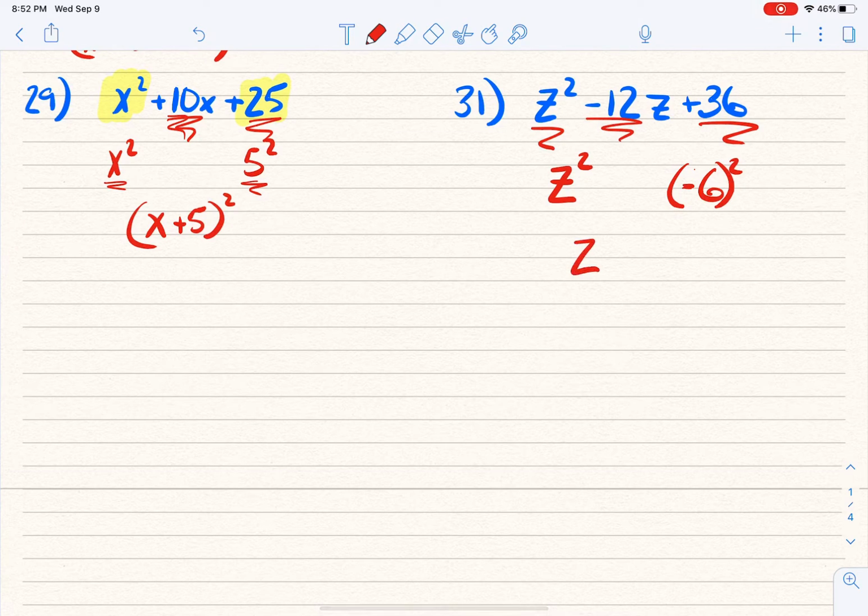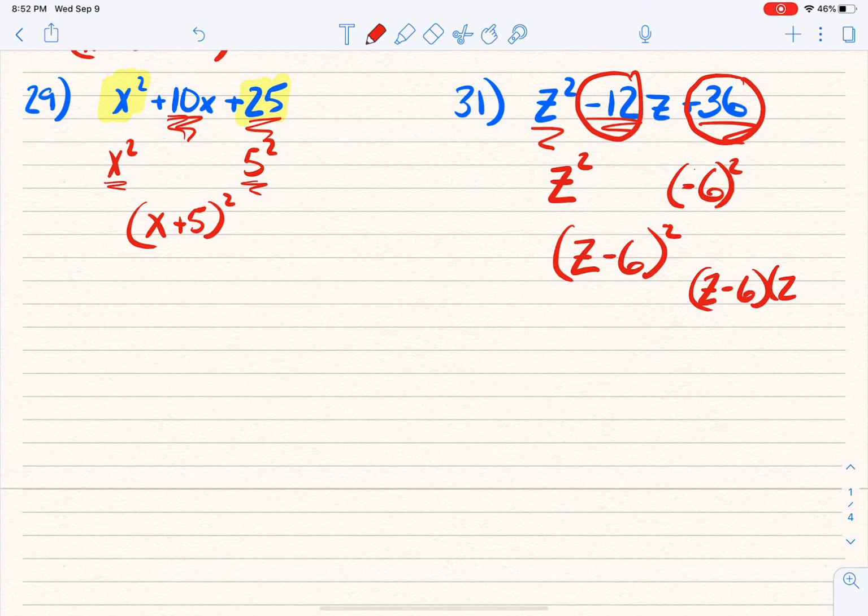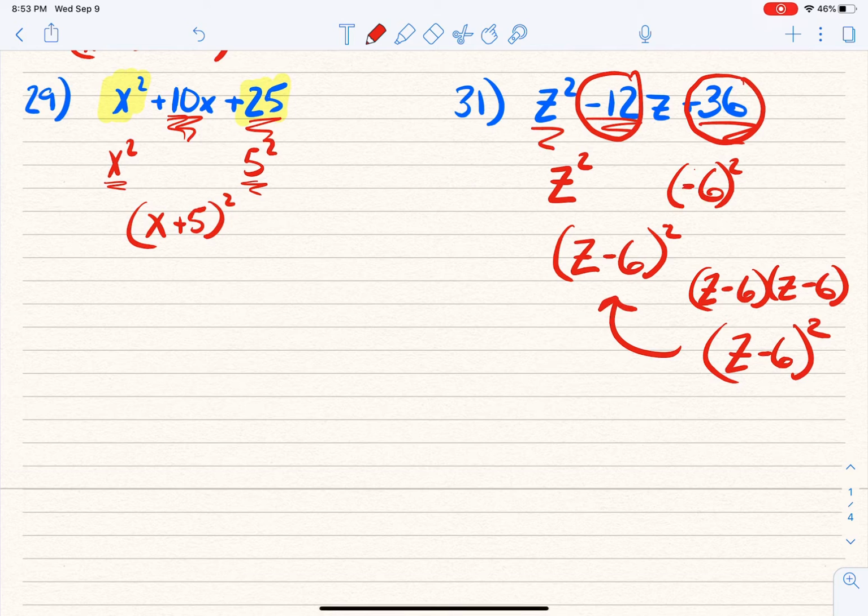So I could go, well, this must be z minus 6 squared. And even if you didn't do it that way, you go, well, what are the factors of 36 that sum to negative 12? And the answer is negative 6 and negative 6. So maybe you saw it as z minus 6 times z minus 6, which is z minus 6 squared, which is exactly what I have here because math is true.